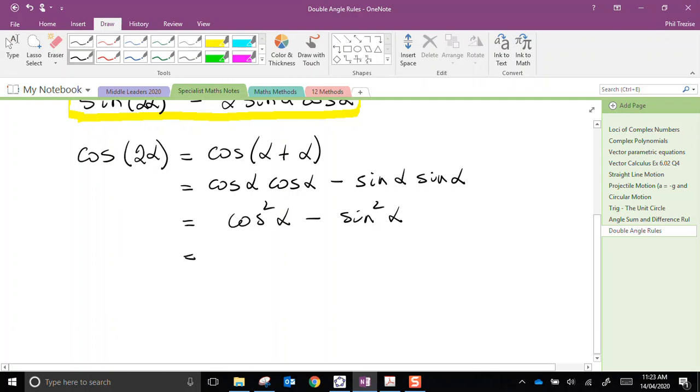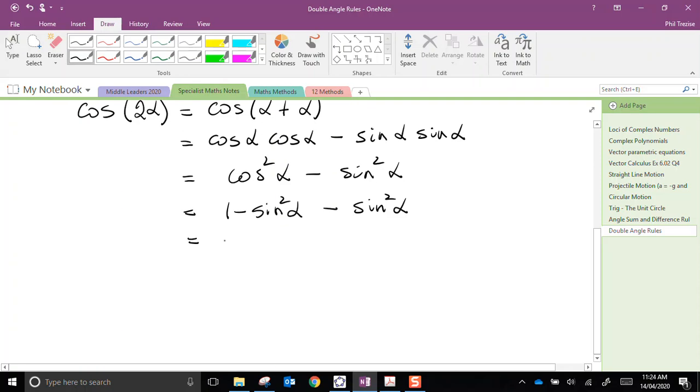Now from the Pythagorean identity, let's just make a note here. Cos squared theta plus sine squared theta equals 1. That's from one of my previous videos. So if I wanted to isolate cosine squared, it would be 1 take sine squared. I could replace cosine squared here with 1 take sine squared alpha, and I still have take sine squared alpha sitting there, which would give me 1 take 2 sine squared alpha.